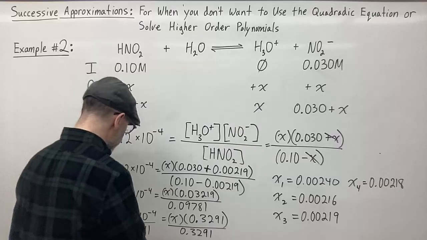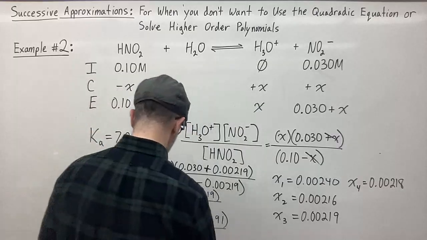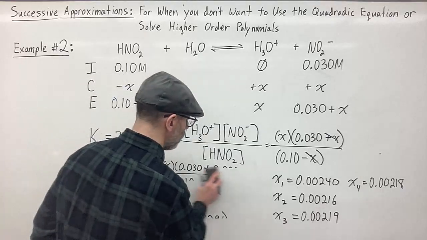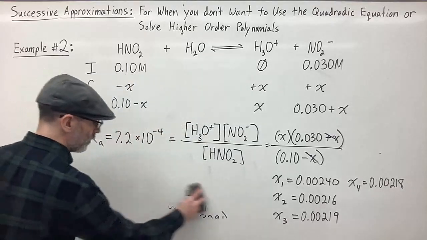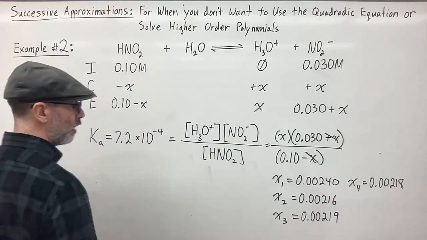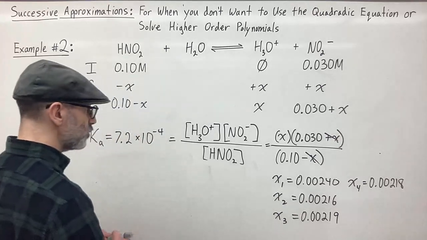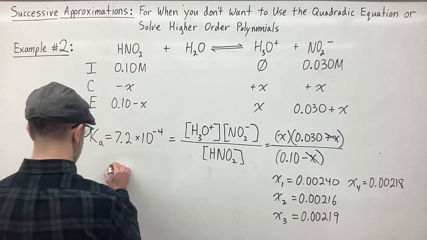So you would do it again one last time. This time I'm going to skip the calculation since we've done it enough. You guys should know what the calculation is now. So we're going to go ahead and set it up.